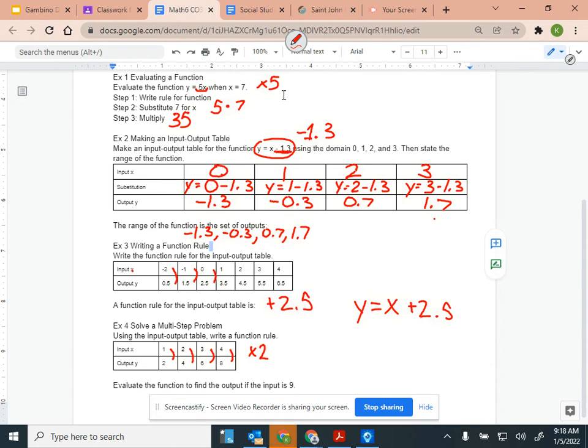So our rule is multiply by 2, but we want to make it a function. So we start with that y equals, and instead of saying x times 2, how do I write that? When I'm using a variable, a letter variable, how should I make that look? Instead of saying x times 2, Tristan?